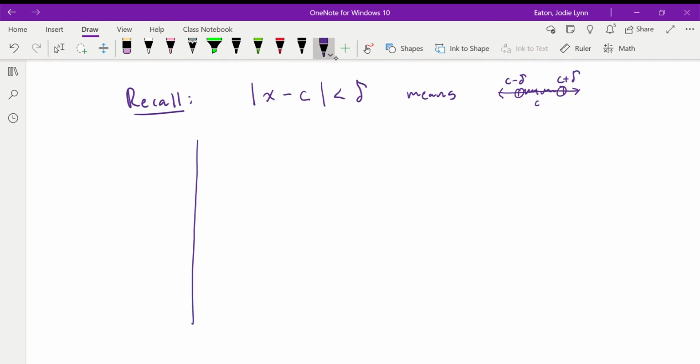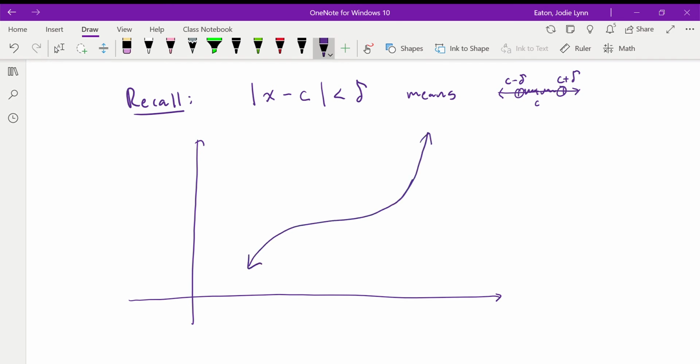So having a look at this definition graphically. We have our function f of x. We've defined a function f of x. We're going to make it a certain particular way so that we can really unpack this properly. Okay, so let's pick a c value.